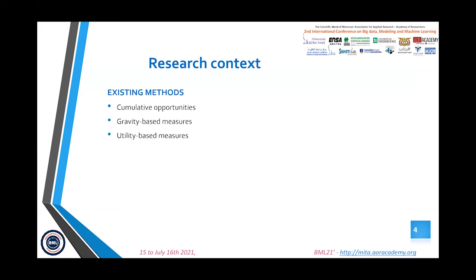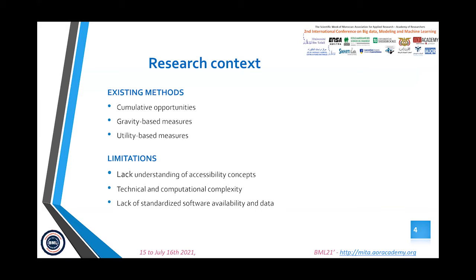These accessibility measurement methods present several issues and limitations, namely the lack of understanding of the accessibility concept, especially among politicians, technical and computational complexity, lack of standardized software availability and data, and precision concerning variables and intervals for the first method. Therefore, all the methods presented above calculate accessibility as a function of transport system parameters like cost, travel time, and distance.